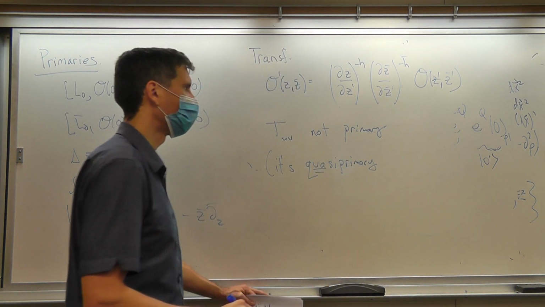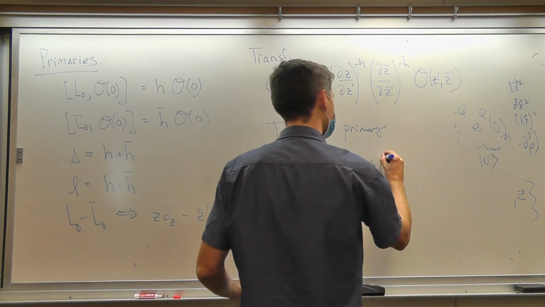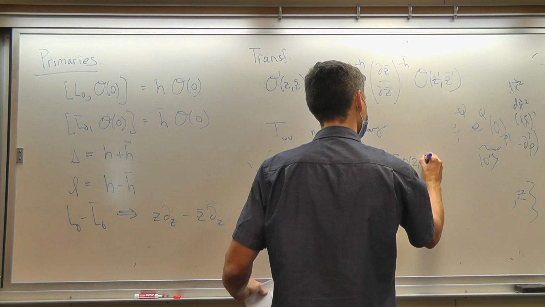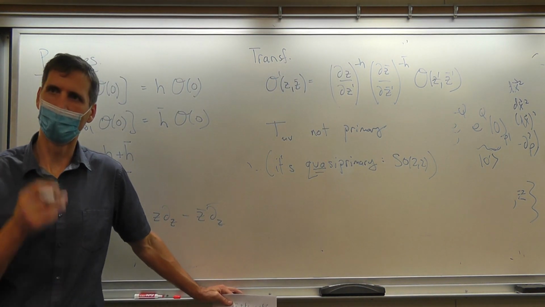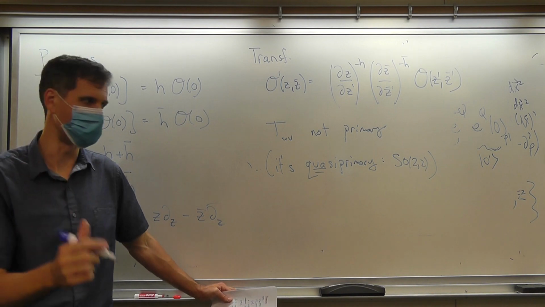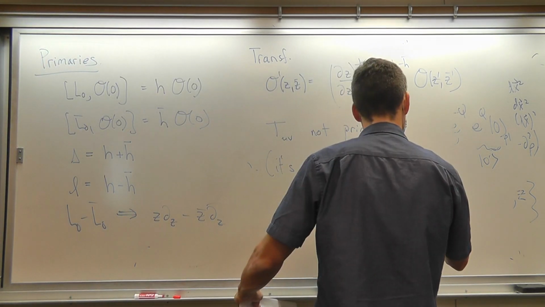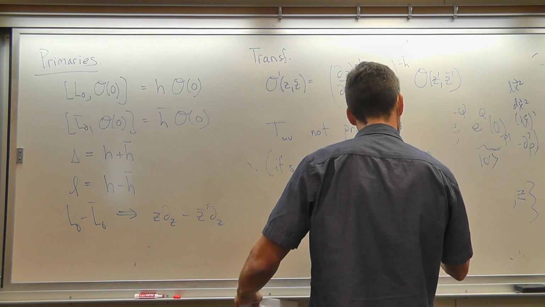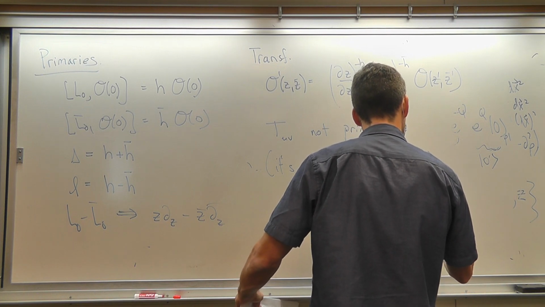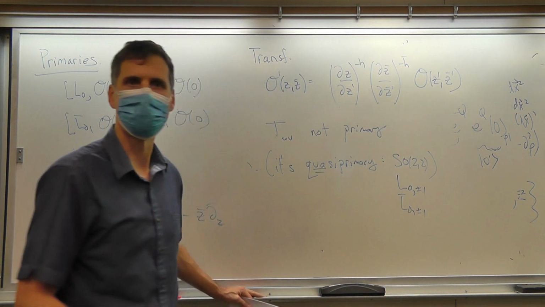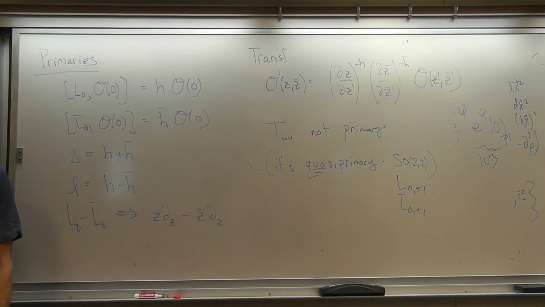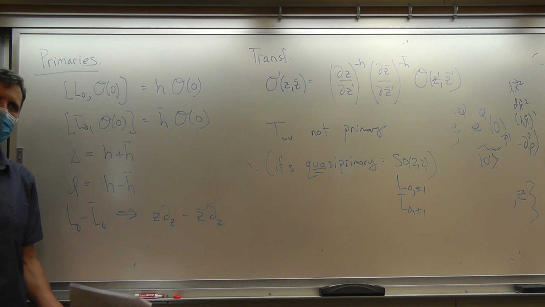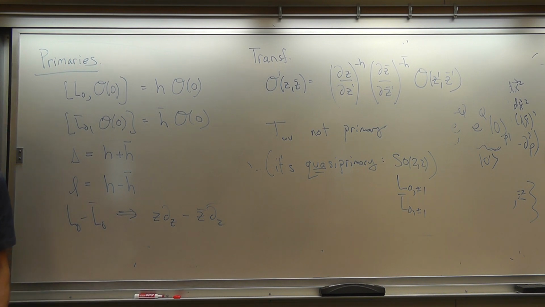Quasi-primary means that it's primary under SO(2,2), the subgroup of the conformal group, which is generated by L plus minus 1 and L bar plus minus 1. That's the piece that's similar to higher dimensions. So in higher dimensions, the stress tensor is primary, but in 2 dimensions, it's only quasi-primary.